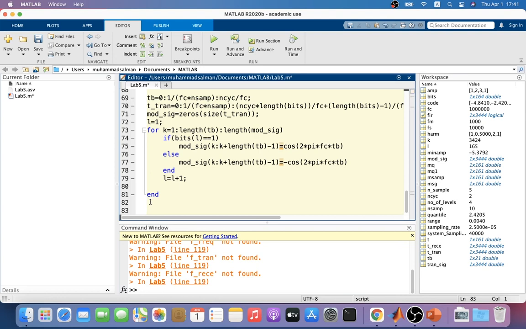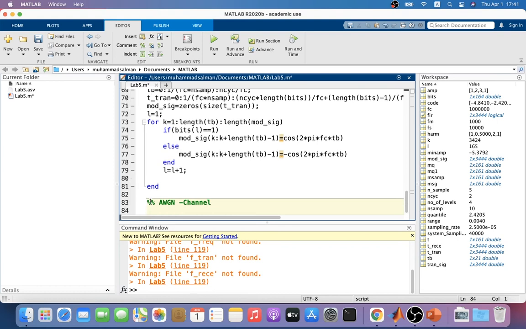As I told you, it was the simplest one, and now I'll do the AWGN transmission. For the AWGN channel, I don't have to do anything because there is a built-in function. Let's say I'm calling it trans_signal. So I'm declaring this trans_signal for this signal.